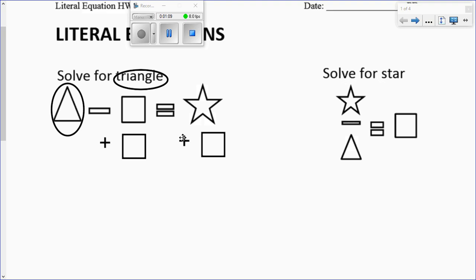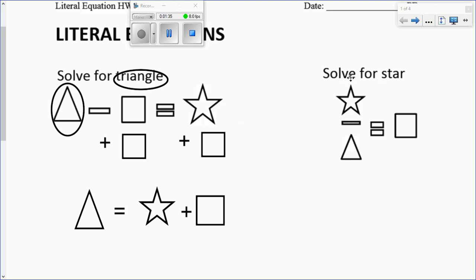Now these squares will cancel out, but the star and the square are not like terms, so we can't just combine them like we normally would when it had numbers. All we can do is write it out: star plus a square. That's what the triangle equals, and we leave it like that. Triangle by itself is our main goal.